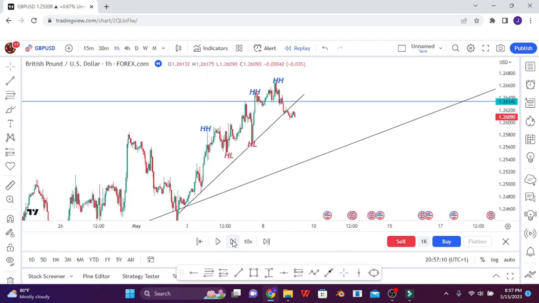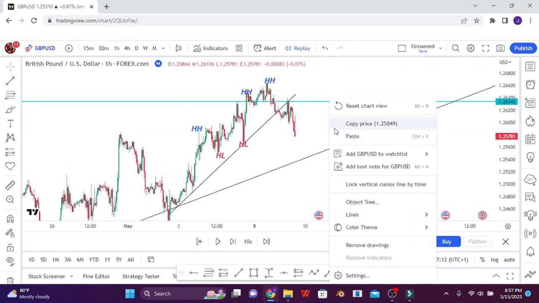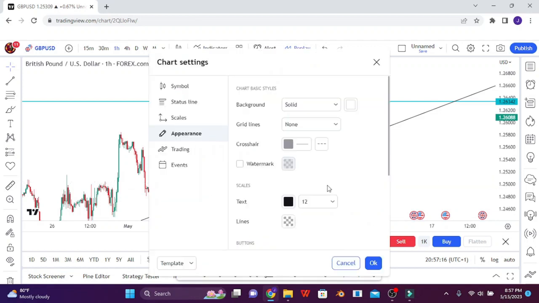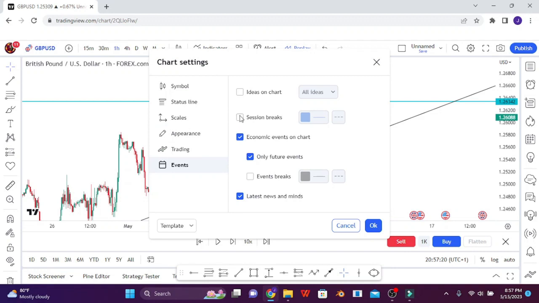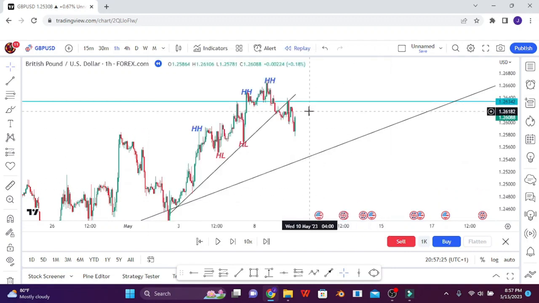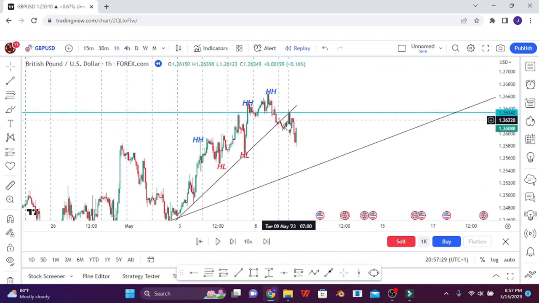Let us turn on our period separator, because timing is important in this market. You can see here is Tuesday, here is Monday. What are we waiting for?